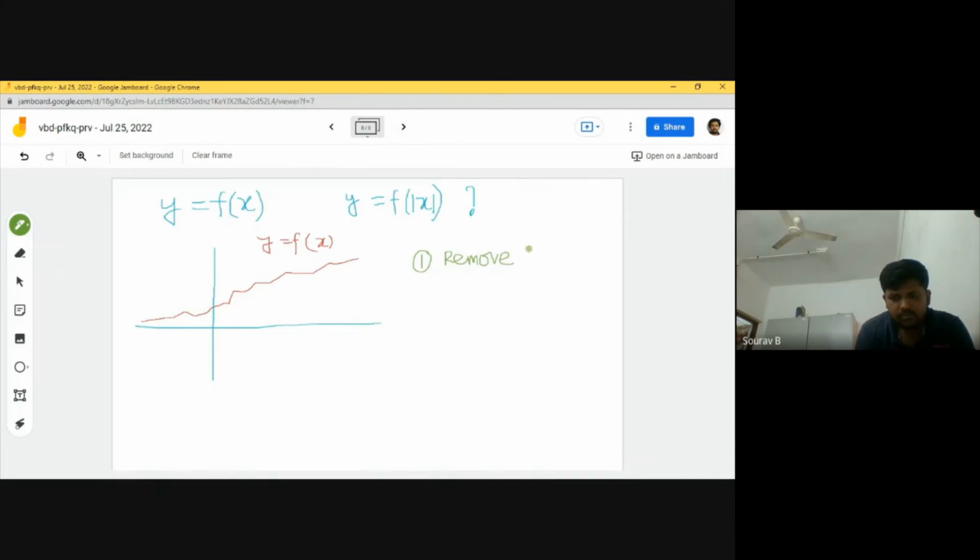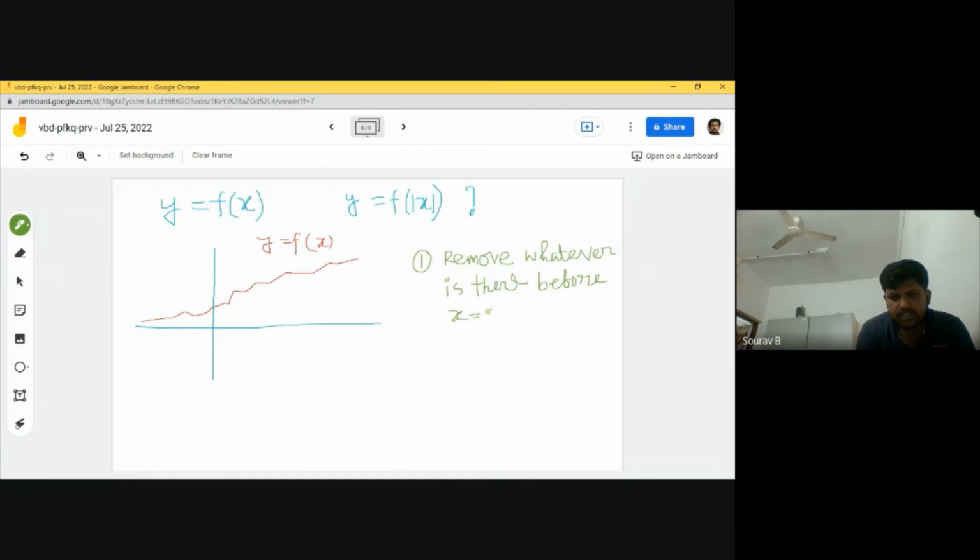Remove whatever is there before x equal to 0.